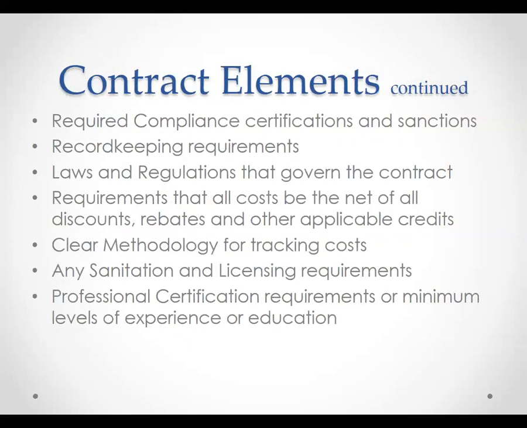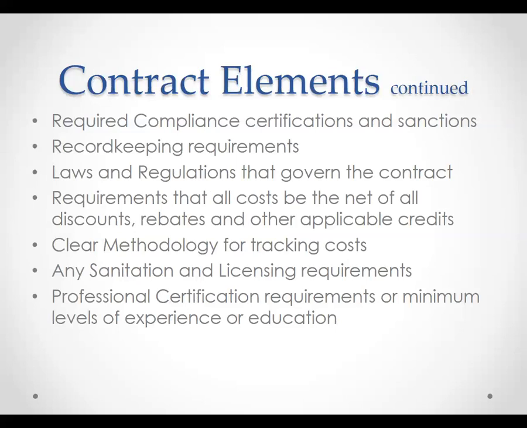Other contract elements include record-keeping requirements, laws and regulations that govern the contract, requirements that all costs be the net of all discounts, rebates, and other applicable credits, clear methodology for tracking costs. These elements would have been identified in your solicitation.